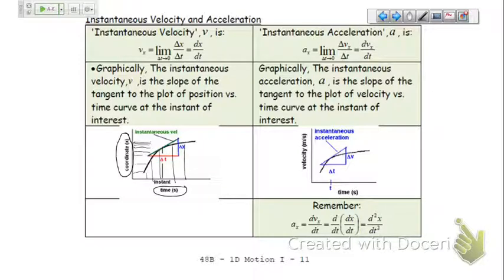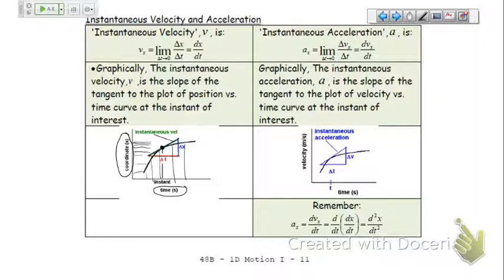My instantaneous velocity is the change in position over my change in time at that instant. So you basically find it by doing the tangent. You take this little bit of slope and push it out as a tangent, and then for that tangent you find the rise over the run, my delta x over delta t.